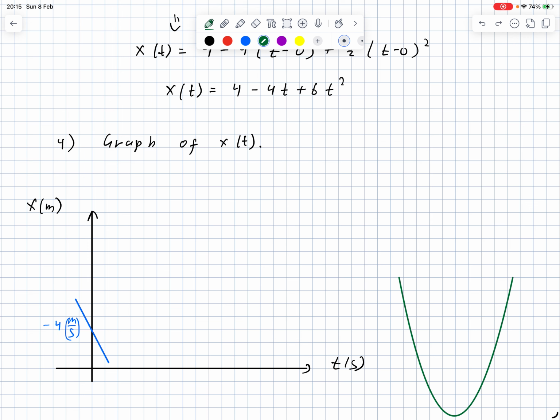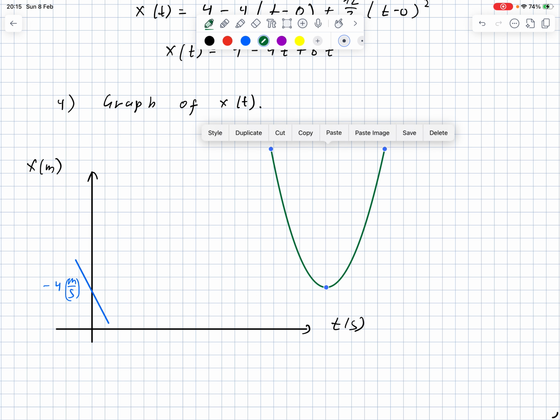Okay, we know that initial velocity at time of 0 is minus 4 meters per second. And as I explained in the previous problem, the tangent of this function, of the parabola, at any given time is actually the instantaneous velocity.